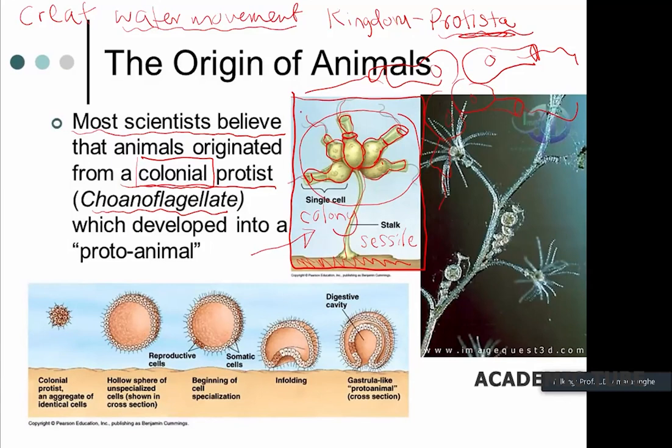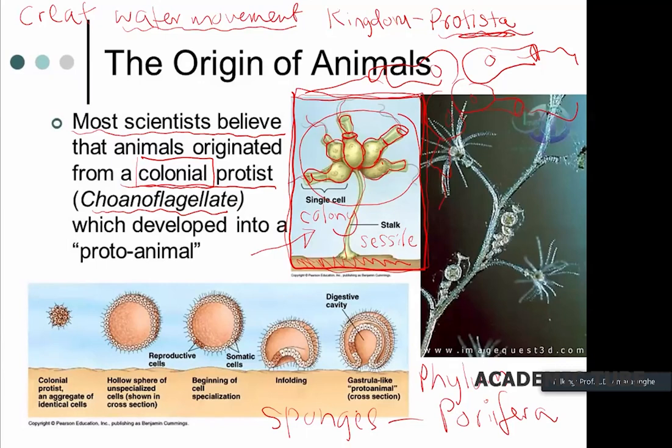So this is the type of organism we now consider as having evolved into present-day animals, initiated from the phylum Porifera. Phylum Porifera includes sponges. Phylum Porifera is the first animal phylum that we are going to learn in the next few days.